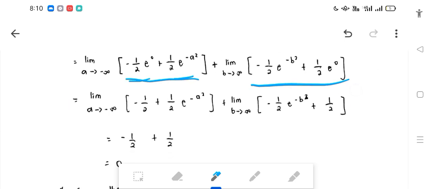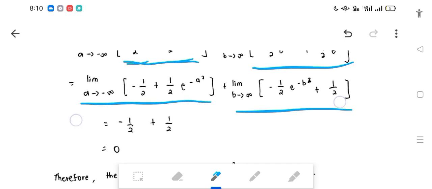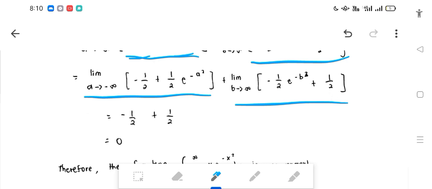So now we can evaluate the limit of this one and this one. So the limit of negative 1/2 plus 1/2 e raised to negative a squared as a approaches negative infinity. So we're just going to substitute negative infinity as the value of a, and the result is negative 1/2.